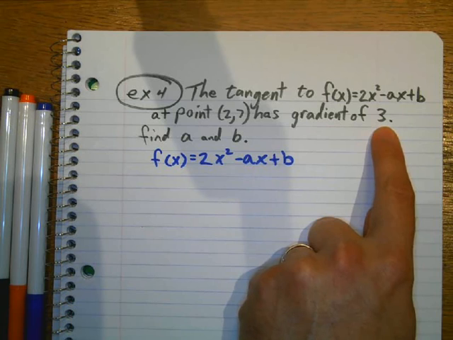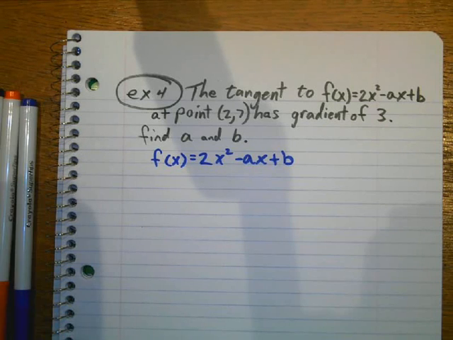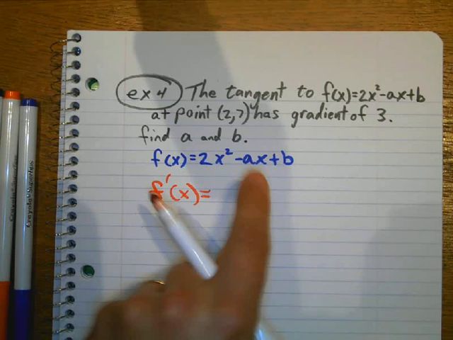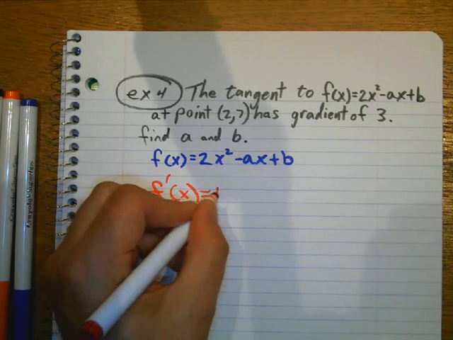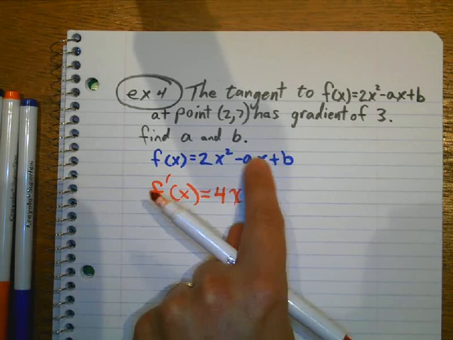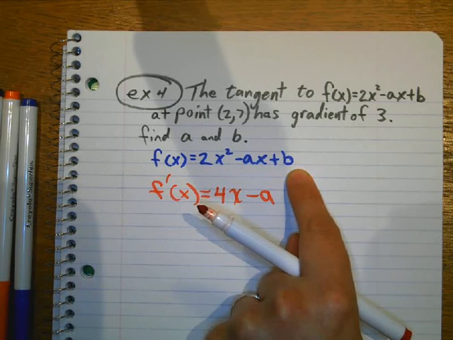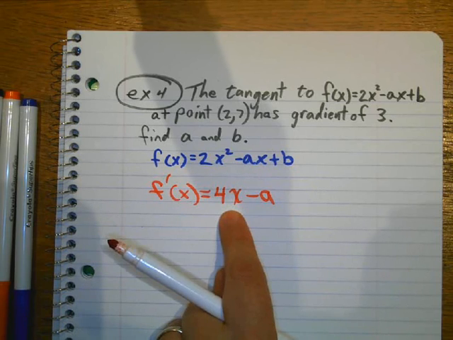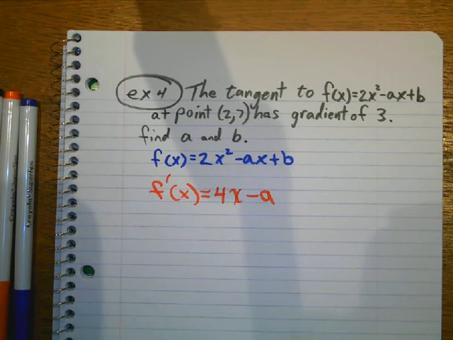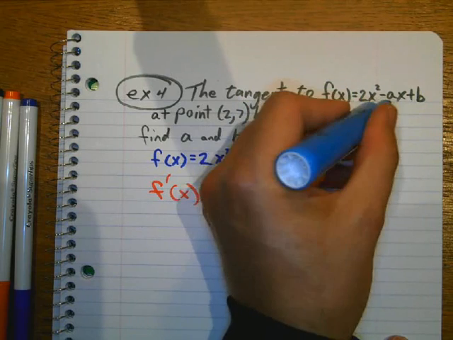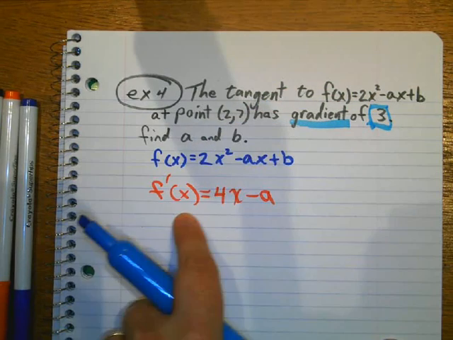So let's find the derivative. The 2 gets multiplied by the 2, we end up with 4x, and the derivative of this is minus a, and the derivative of this is 0, it goes away. So here's my derivative, 4x minus a, and we know that the gradient has a value of 3, and this is the function that gives me the gradient.